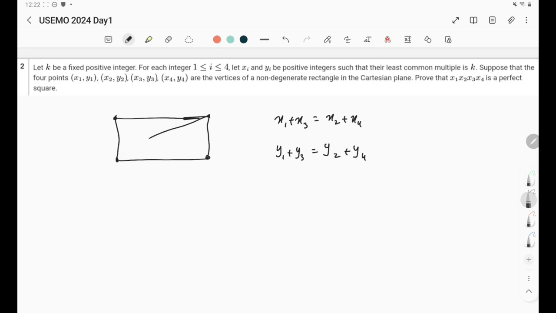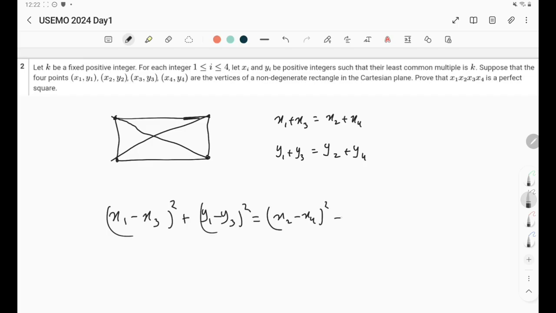But what we'll be doing here is that the diagonals are equal in length. So you can use the distance formula to say that x1 minus x3 squared plus y1 minus y3 squared is equal to x2 minus x4 squared plus y2 minus y4 squared.